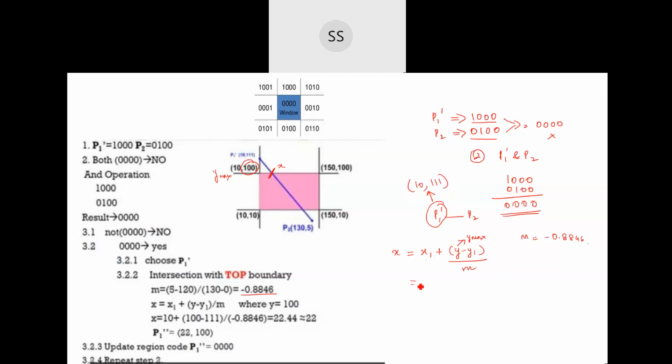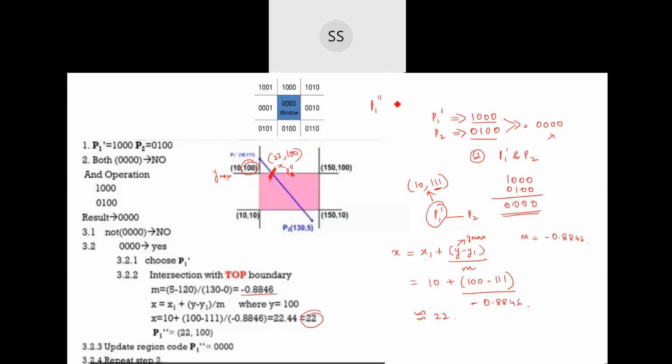So x1 value is set to be 10, plus y, whose value I told you is 100, minus y1, which is 111, the whole divided by minus 0.8846, which comes to a value of approximately 22. So the value is going to be 22 comma y max, which is 100.